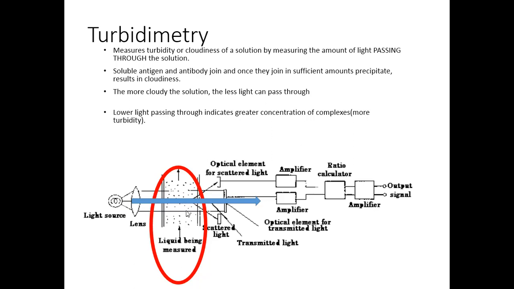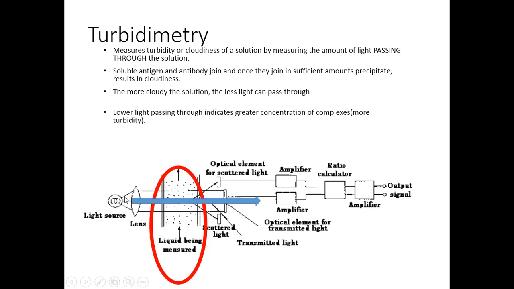Turbidimetric testing measures the cloudiness of the solution caused by the immune complexes falling out, by measuring the amount of light that passes through the solution. So imagine you have a cloudy solution and a light source over here with a lens, and you're able to measure here the amount of light that passes through.